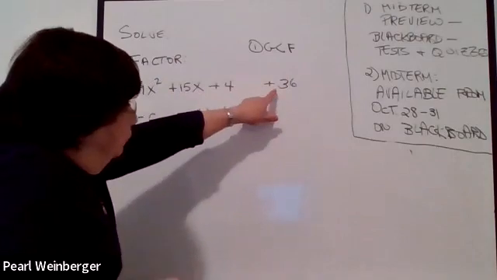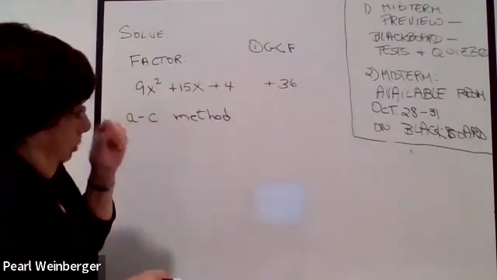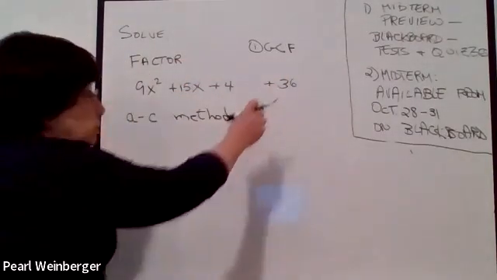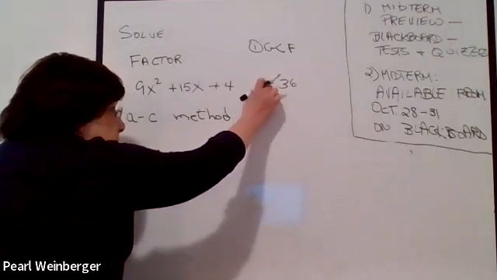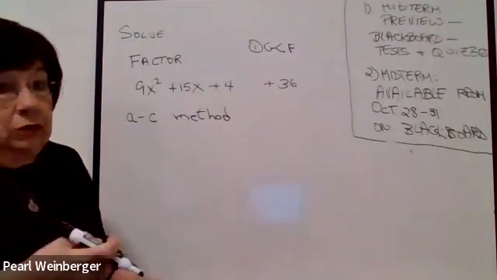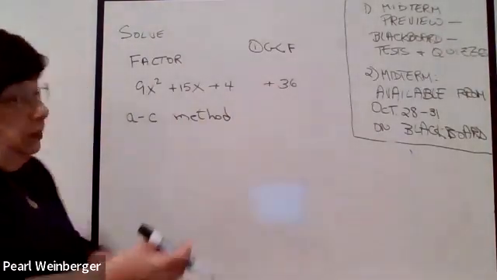And we look for 2 numbers, not that multiply to the 4, which is what we were doing before, but to the last number. We're looking for 2 numbers that are going to multiply to 36. Now, since this is positive, to get a positive answer, either both numbers have to be positive or both numbers have to be negative.